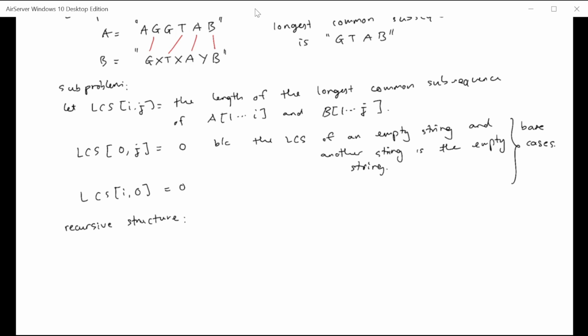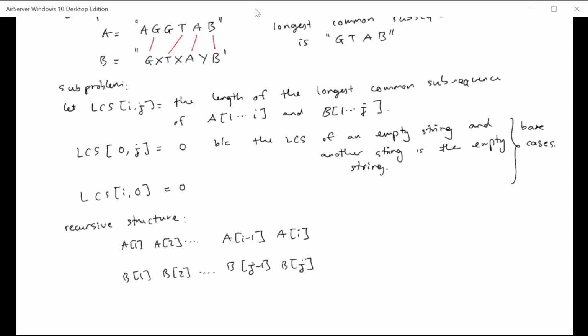Okay, so we have A1, A2, dot dot dot, Ai minus 1, and then Ai. And below we have B1, B2, dot dot dot, Bj minus 1, and Bj.